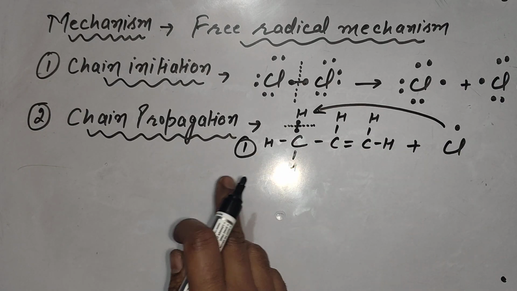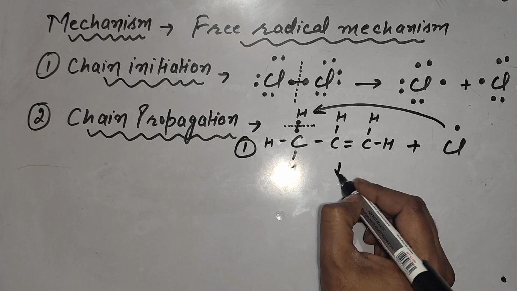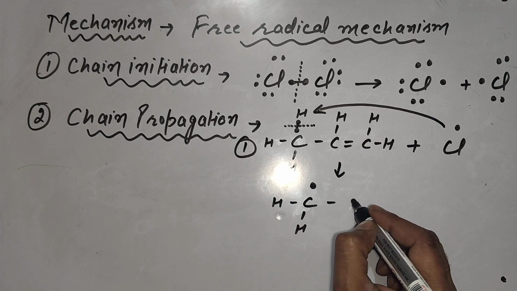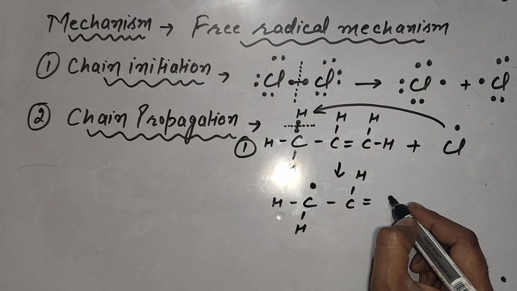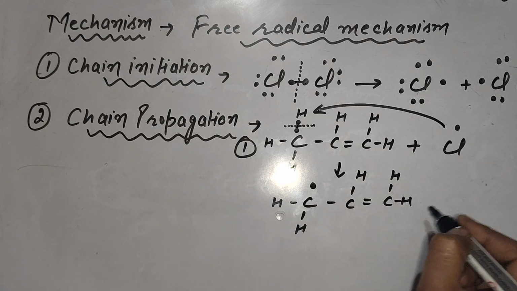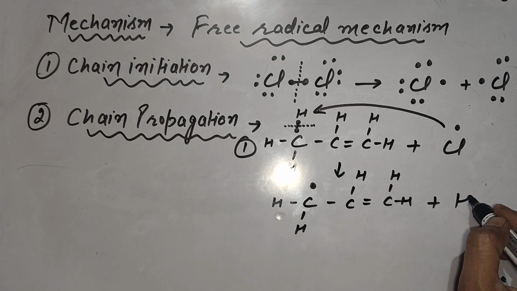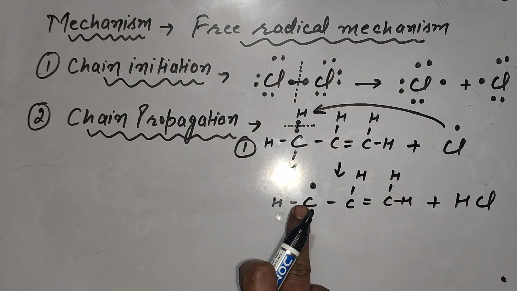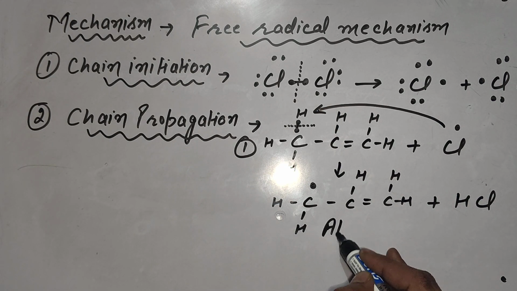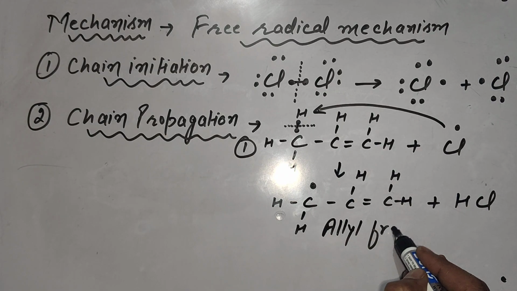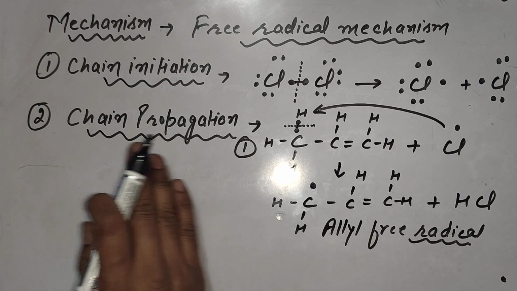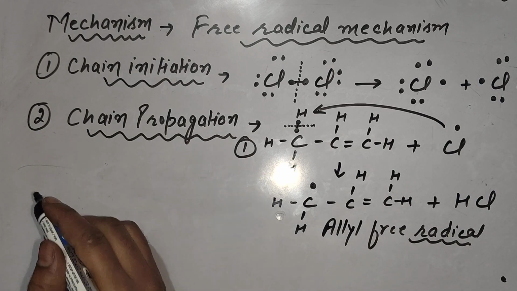This is the first propagation step. HCl will generate as a side product and a new carbon free radical will generate. This is known as allyl free radical. In chain propagation, this is the first step.